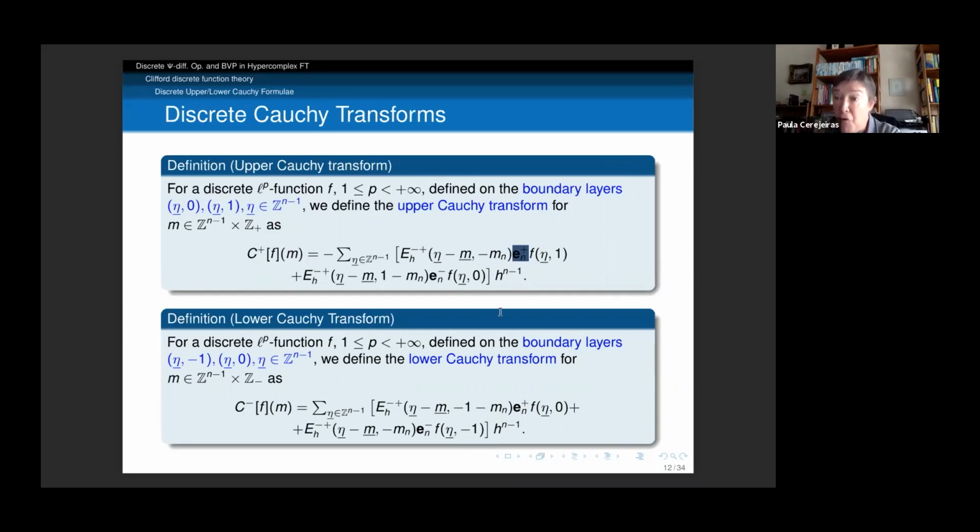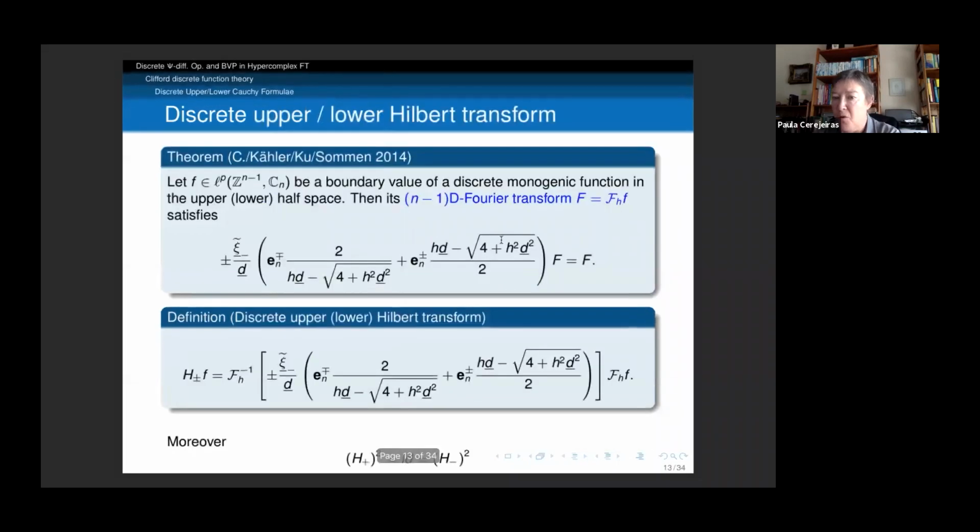This gives 4 terms in the Fourier domain with values in the algebra of dimension n-1. So when you calculate now in the Fourier domain, you have to always apply the n-1 dimensional Fourier transform, but you get now that you can construct for the boundary value of discrete monogenic functions a nice description for what should be the Hilbert transform in the discrete setting, in the Fourier domain.